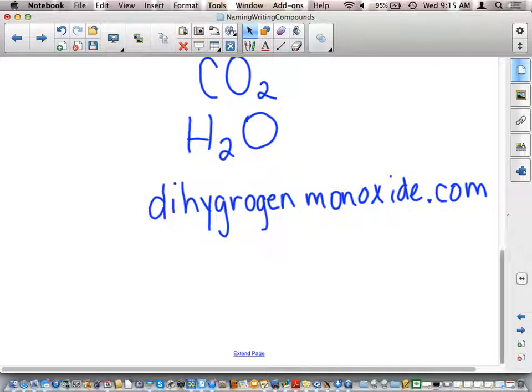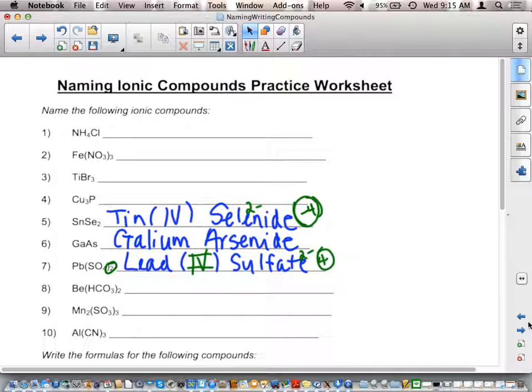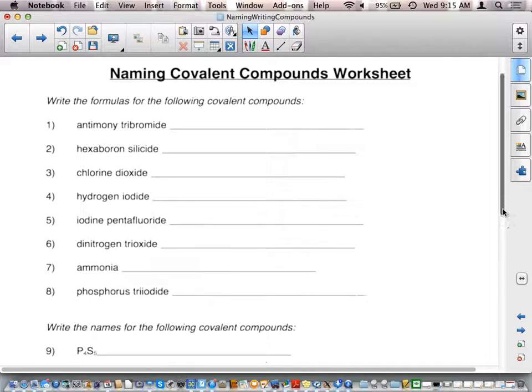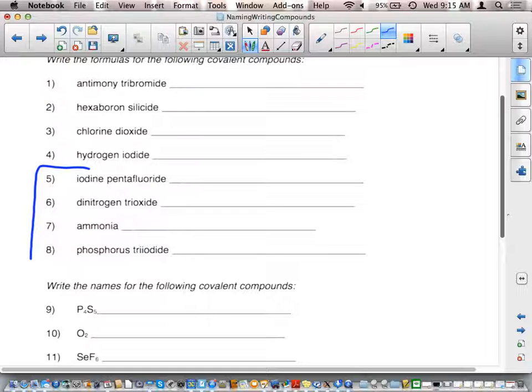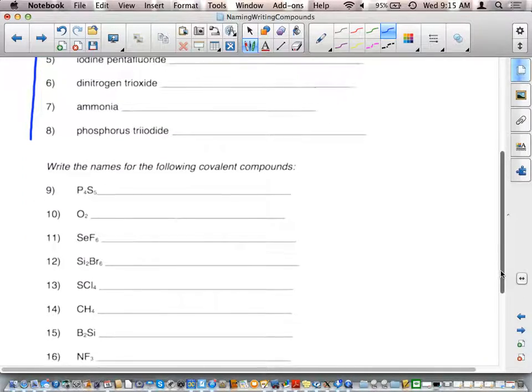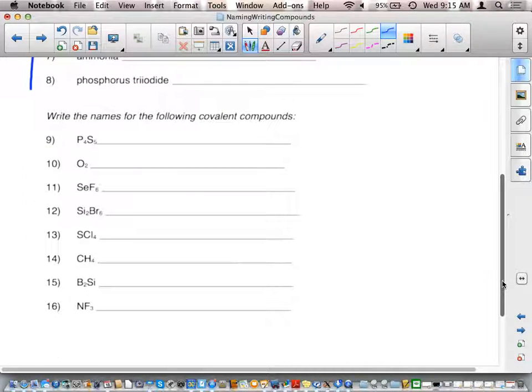Okay, go to the worksheet that you have on covalent bonds. Just the back side of the worksheet that you had for last night. And I did the first 4 in class already. Those were the example problems. So on the top, just do the last 4. And then on the bottom, I didn't do number 10.